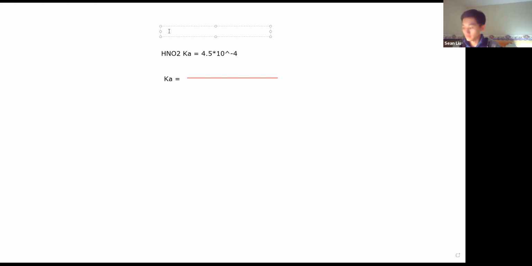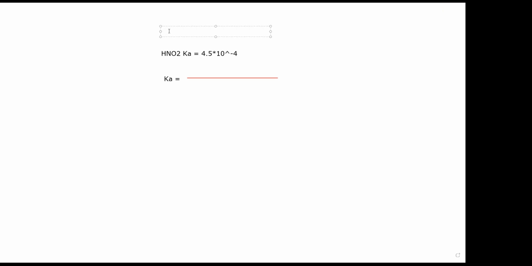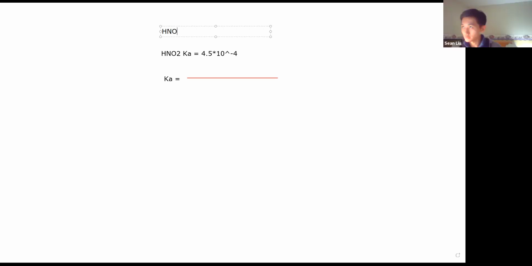What would be on my left side? So the left side would be HNO2. HNO2, okay, that would be our reactant. So then that would go to what next?